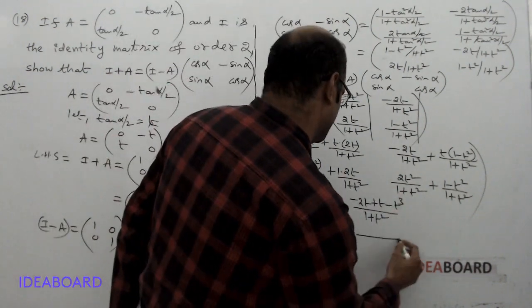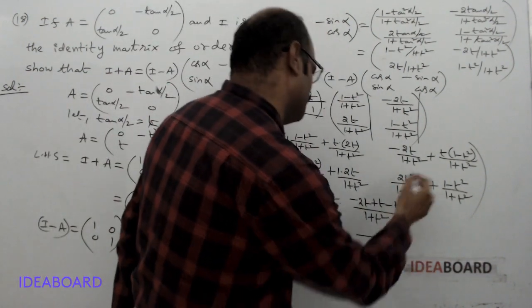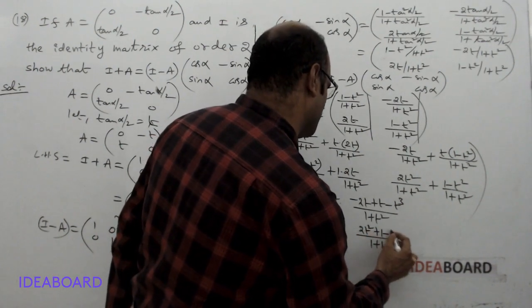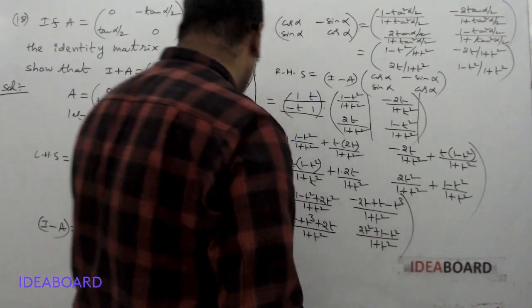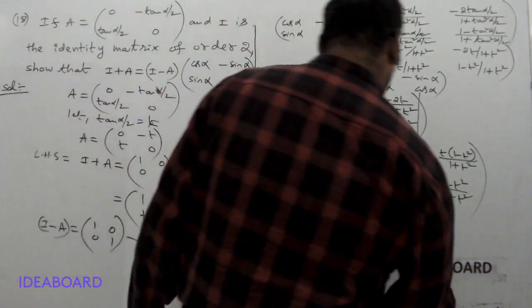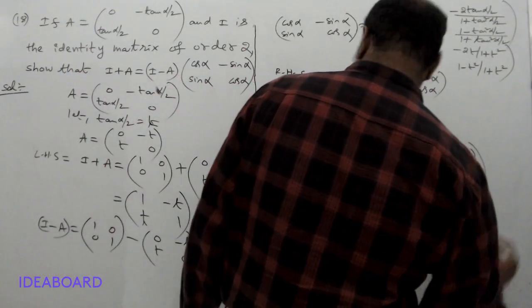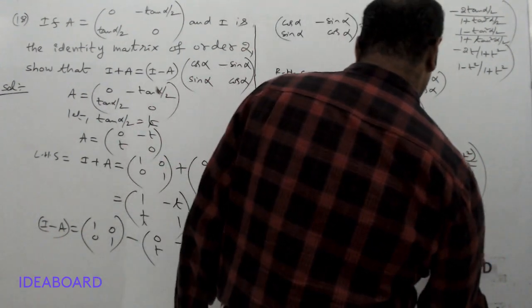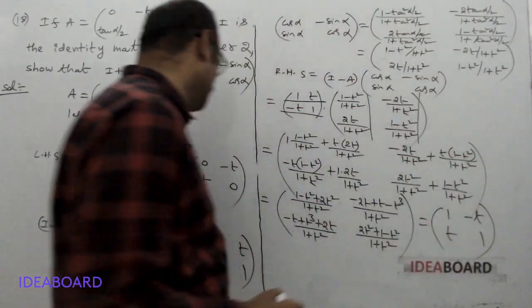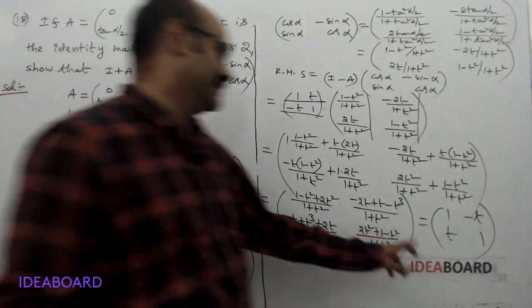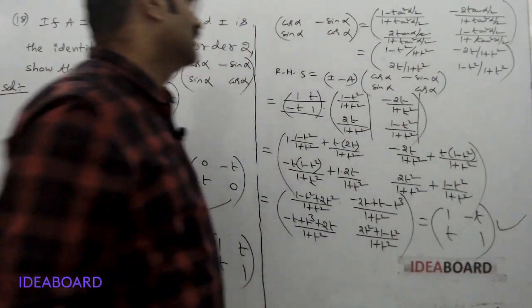And 1 plus t square LCM, then 2t square plus 1 minus t square. After simplification, we get the matrix 1, t, minus t, 1. Therefore LHS equals RHS. Hence proved.